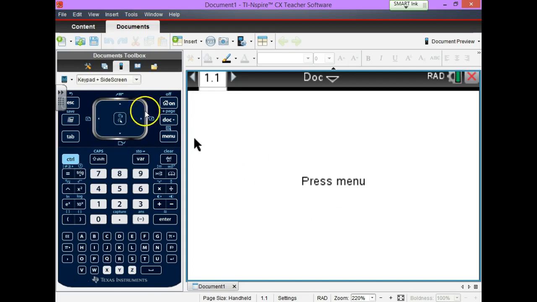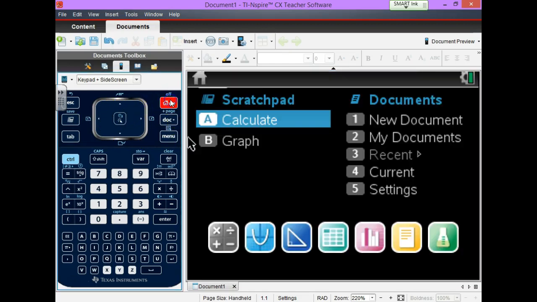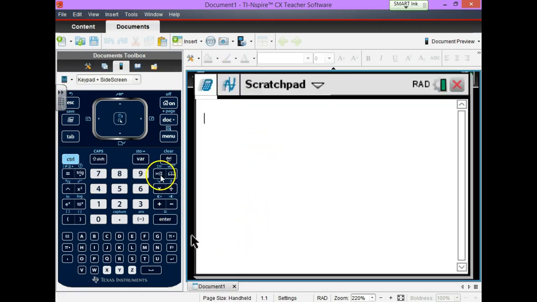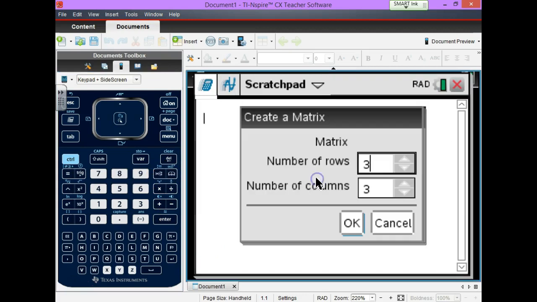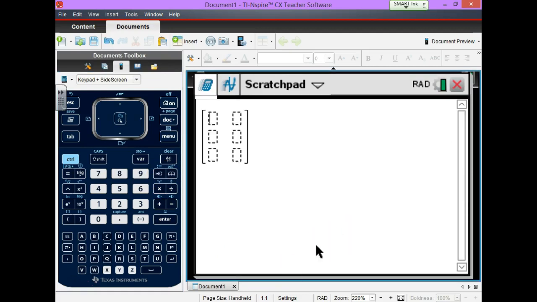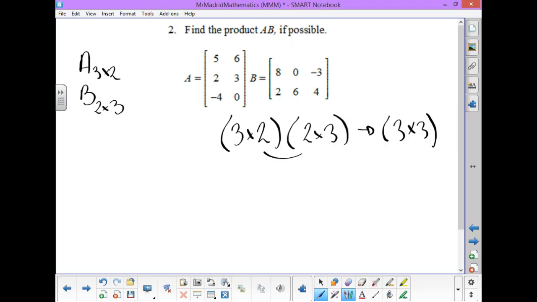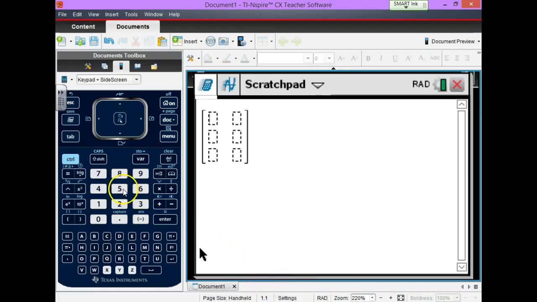Okay, what happened here? Let me start that over again. Okay, that's a 3 by 2. So I'm going to enter the values: 5, 2, negative 4. Oops, let me try tab and see where tab takes me.